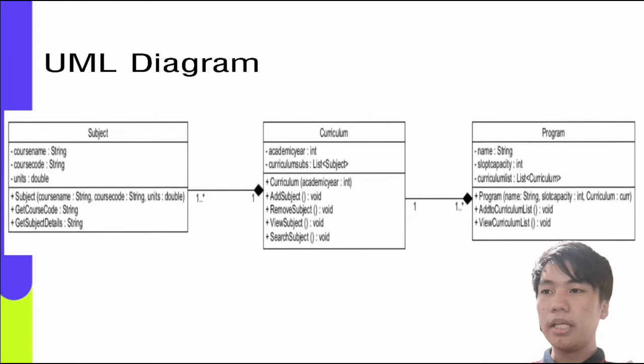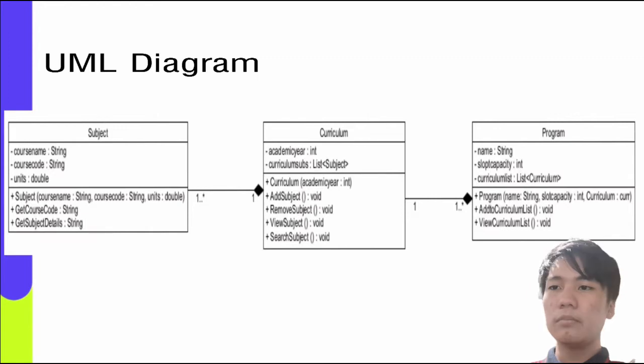Up next is the curriculum class, which has two class fields, namely the private academicYear int and private curriculumSubs list of Subject. Under it are the methods, which are Curriculum with academicYear int, public addSubject void, public removeSubject void, public viewSubject void, and public searchSubject void.